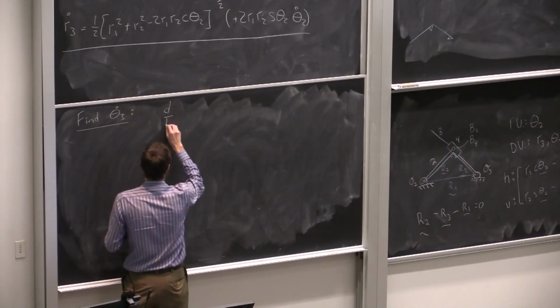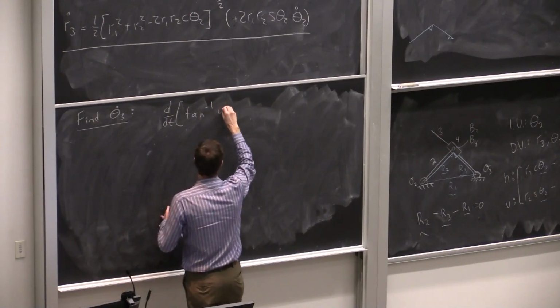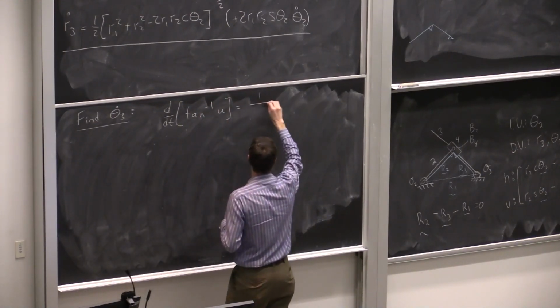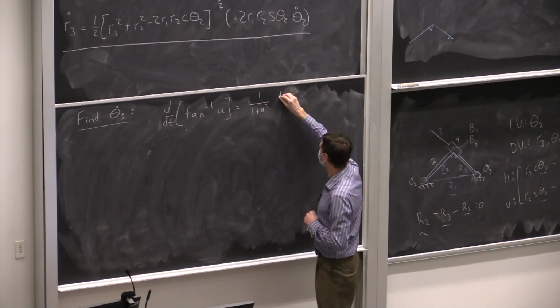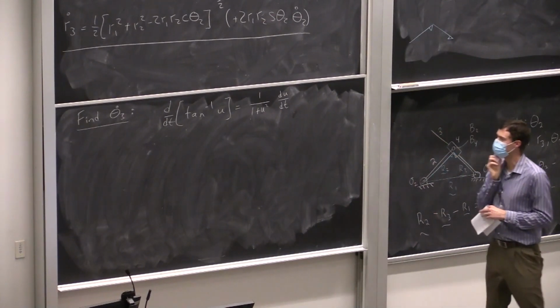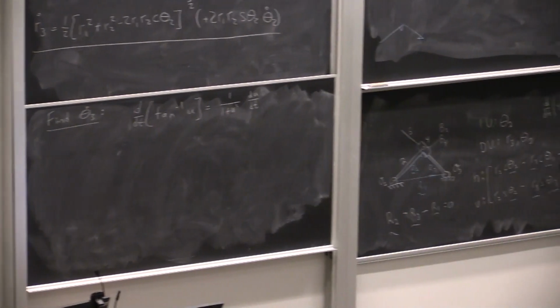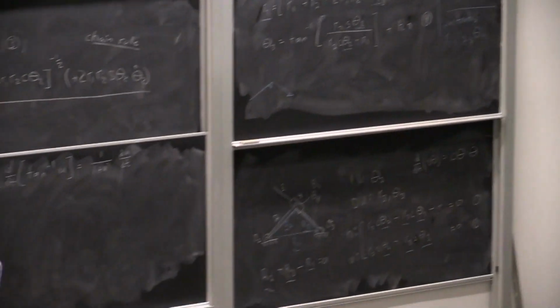So time derivative of inverse tangent plus, okay, so if you have this, we can use it. U is everything inside there. So I'm just going to write that out here.